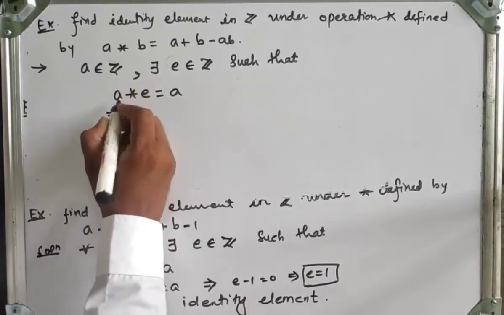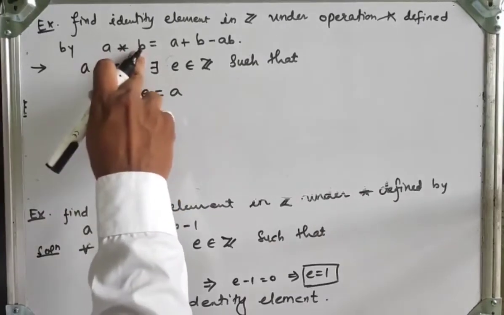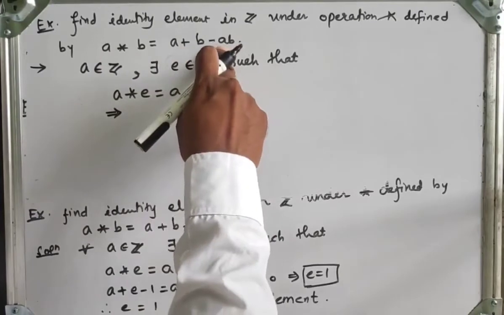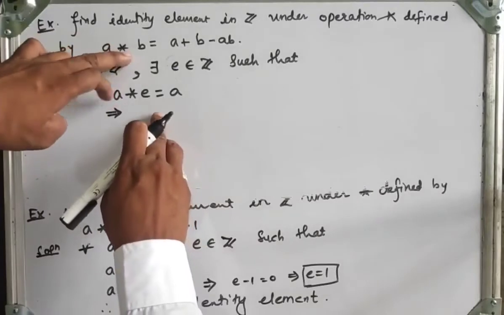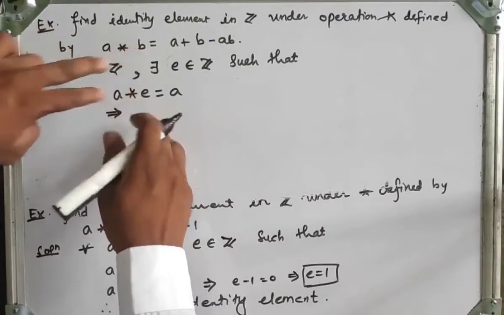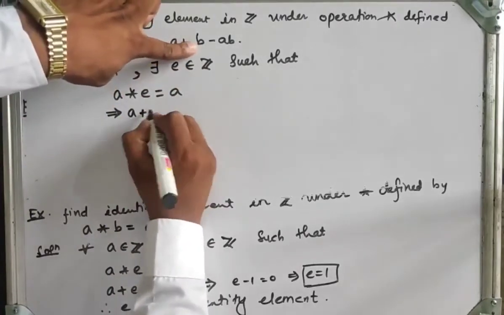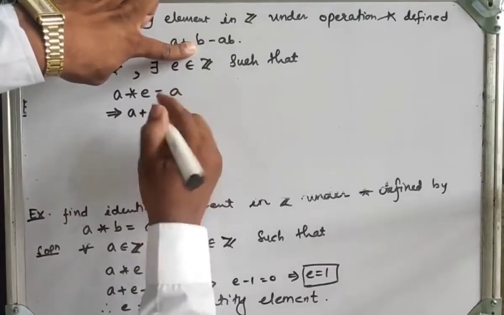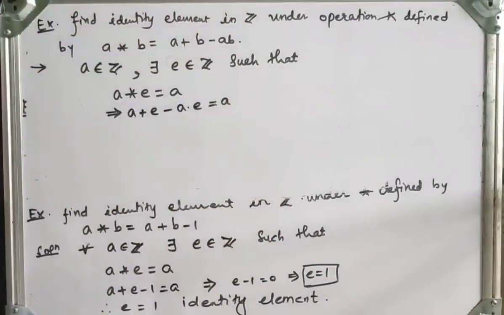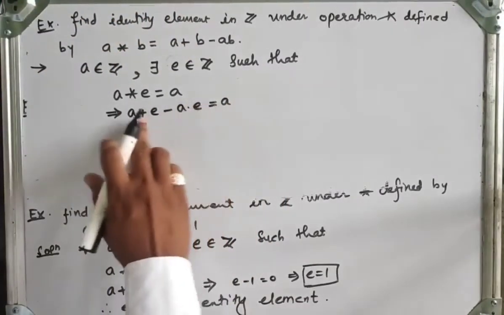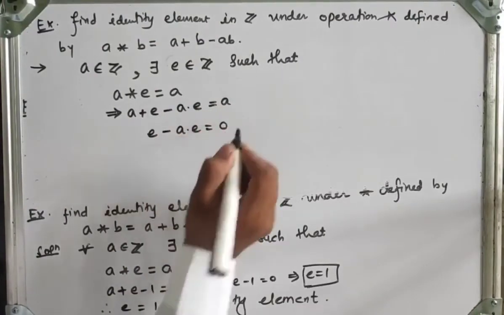So what is the operation here? A star B is equal to A plus B minus AB. So we will apply this property. So replace B by E. So A plus E minus A into E is equal to A. Now we apply cancellation law. So A will get cancelled. So E minus A into E is equal to 0.